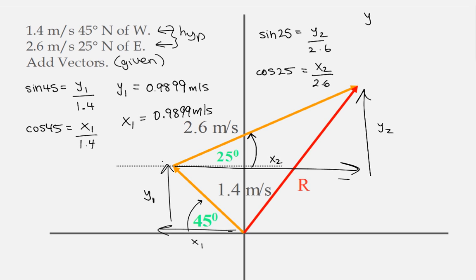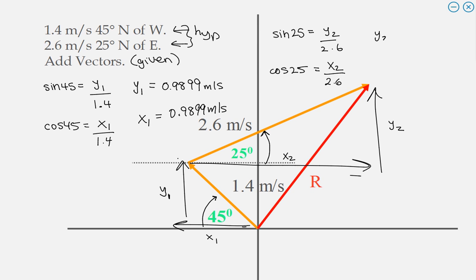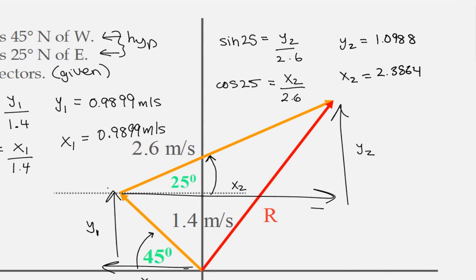We can get both of these quite easily. 2.6 sine 25 is 1.0988. 2.6 cos 25 is 2.3564.